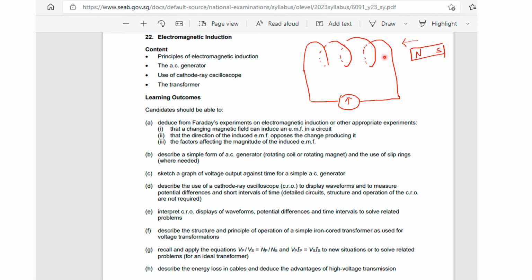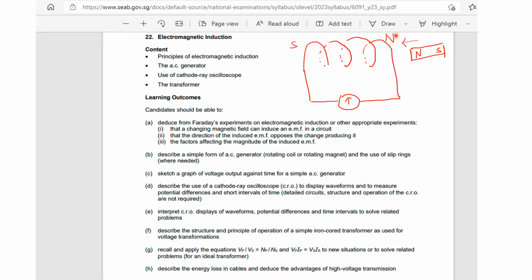So a north pole will be created here. The direction of the induced current will create a north pole here so as to oppose the movement of this magnet in, because like poles repel. If it's trying to go in, the coil is trying to repel it. So now this is a north pole.